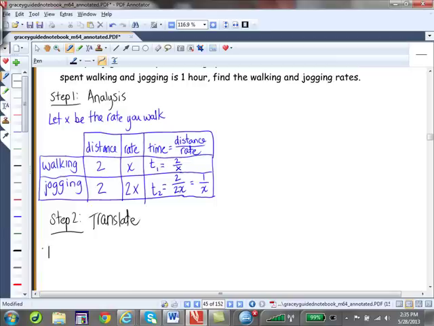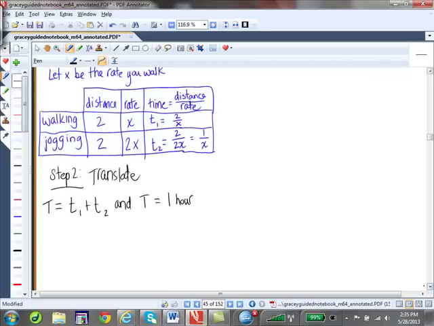The overall time, call it capital T, is equal to T1 plus T2. And the overall time is equal to 1 hour. That was given in the problem. So we can equate those two expressions and say, oh, well, T1 plus T2 is equal to 1.